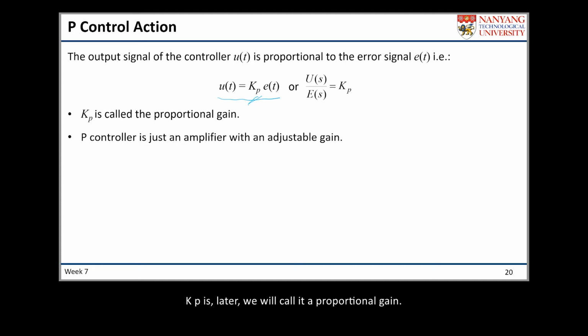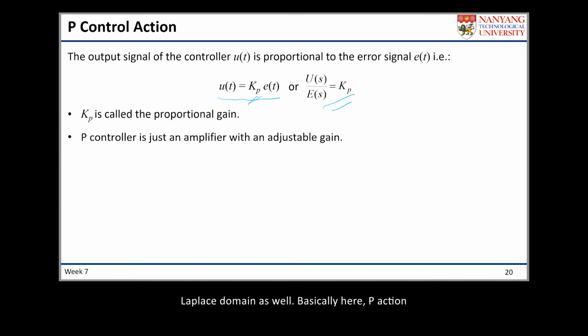Later we'll call it the proportional gain. So U is equal to Kp times E. Or of course, if you write it in the Laplace domain, it's also the same thing, because Kp is a constant here. So U in the Laplace domain will also be equal to Kp times E in the Laplace domain as well.